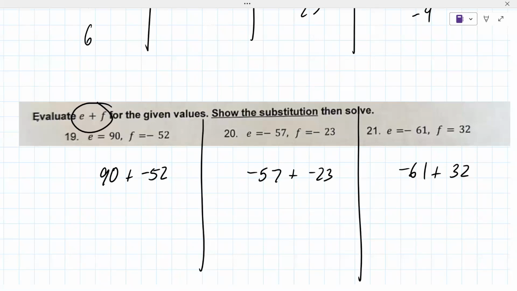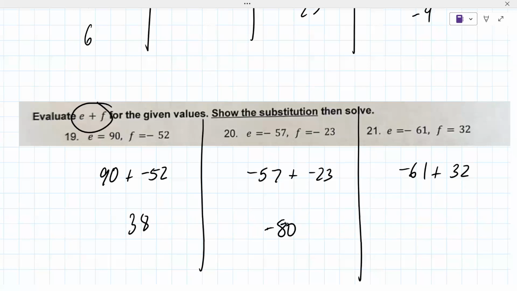Positive 38. Okay, good. Okay, next one. So negative 80.